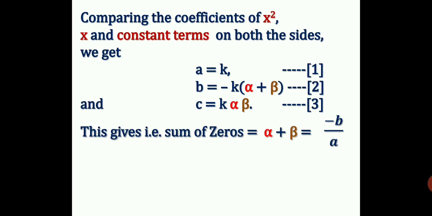Alpha and beta are the zeros, and their addition is the sum of the zeros. So the sum of the zeros is equal to minus b by a. Similarly, alpha into beta is equal to c by k. But the value of k is a, so c by a. Alpha into beta, that is the product of the zeros, is equal to c by a.